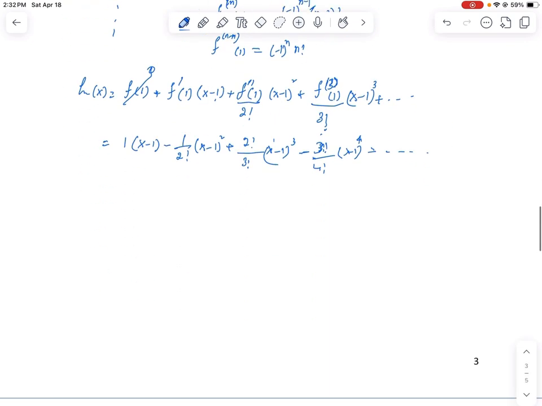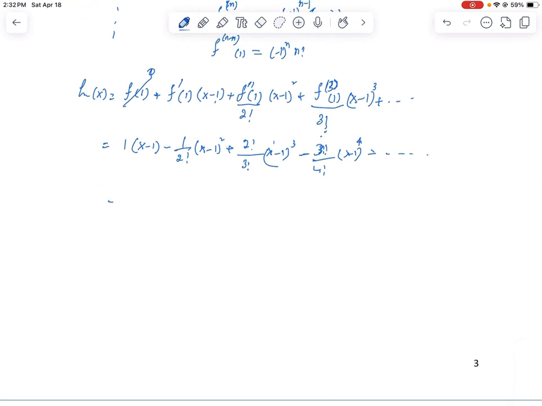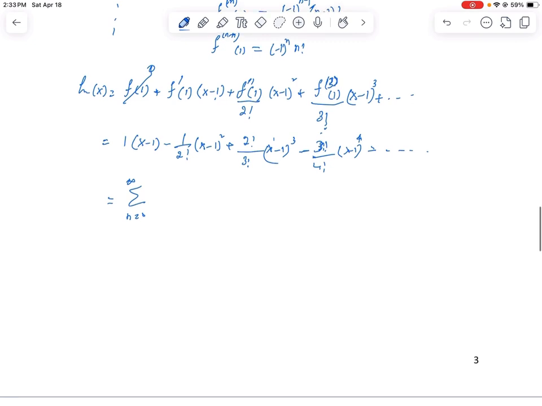So now we try to put it in compact form. It will be summation n is equal to 0 to infinity. We'll see in a minute, do we want 0 or do we want 1? I have negative 1 raised to some power, and I know I'm going to get an x minus 1. Actually, we needed to simplify it a little bit more here because it can be simplified.